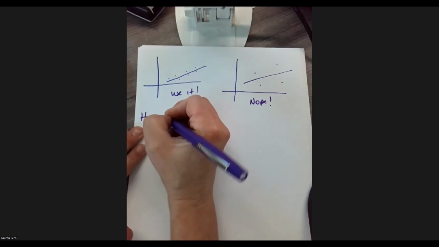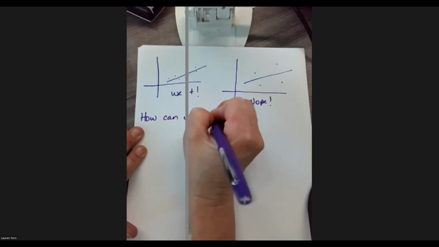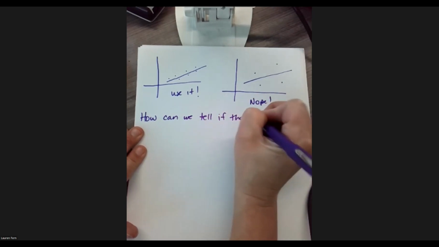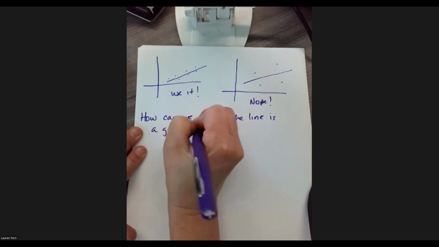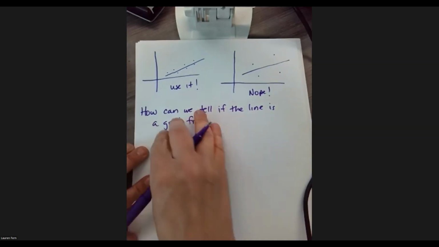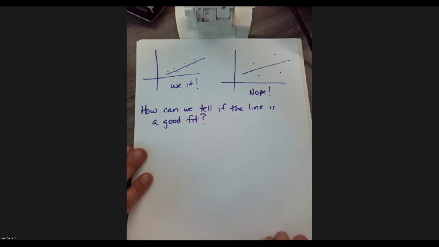So what we're asking at this point is, how can we tell if the line is a good fit? Now, this is extra. Really, what I'm going to ask you to do on a test in this section is be able to interpret your slope, interpret your y-intercept, and maybe do a computation or two.